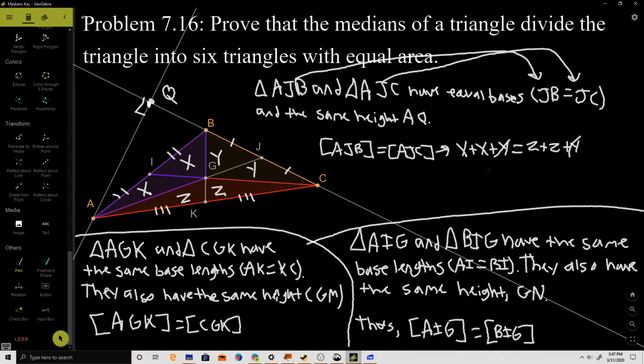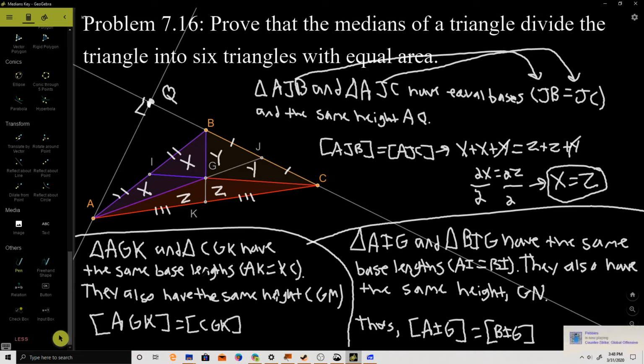And if I simplify, I have 2X equals 2Z. Divide by 2 on both sides. And now I have that X is equal to Z, which is definitely something that I'm looking for. So, in fact, now I know that X and Z are equivalent to each other.